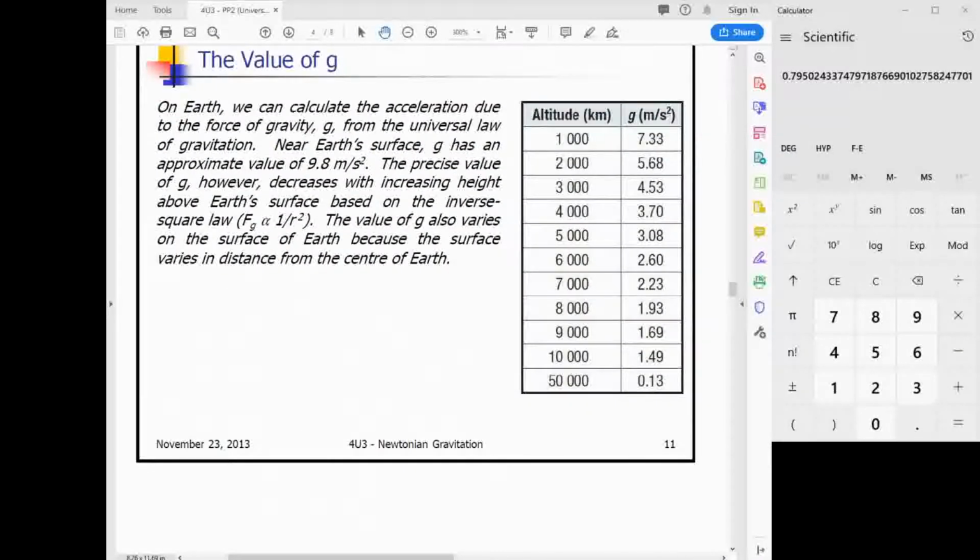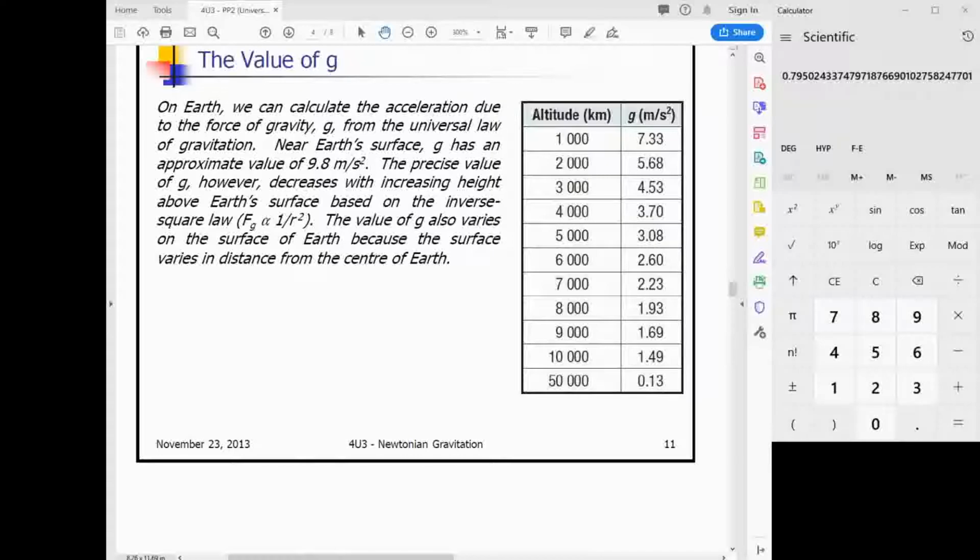Now the value of g, we write down 9.8 or 9.81 quite regularly, but in actuality that value of little g that we calculate is dependent on how far you are from the center of the Earth. On the Earth's surface, the value of g is approximately 9.8.